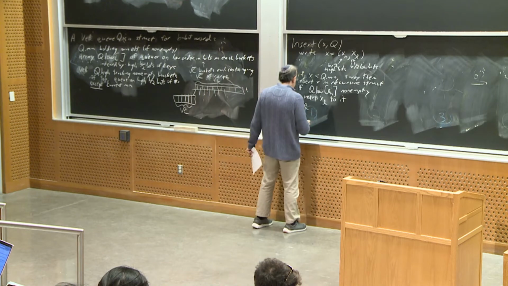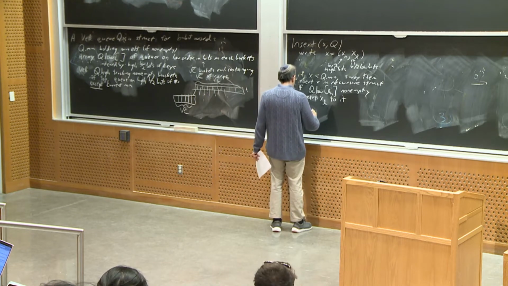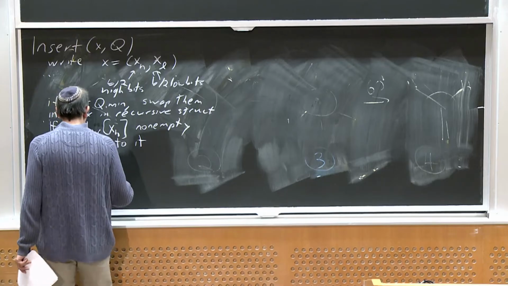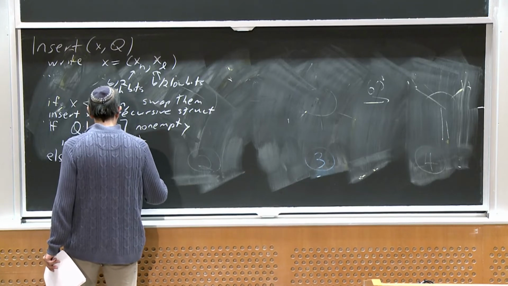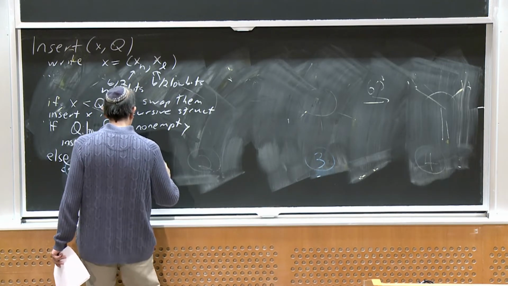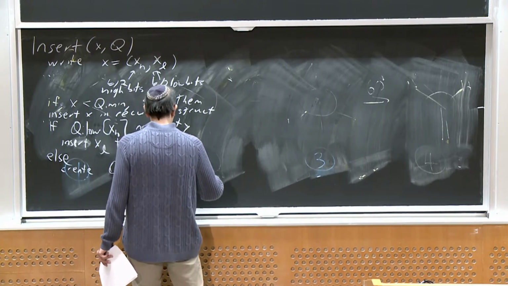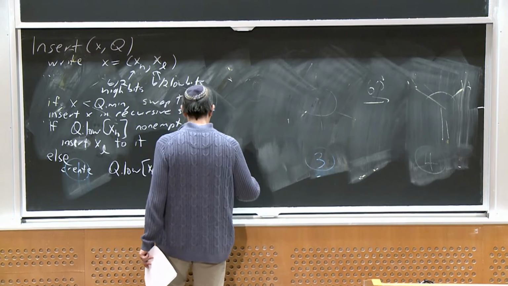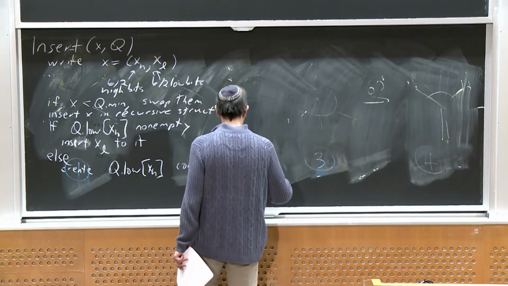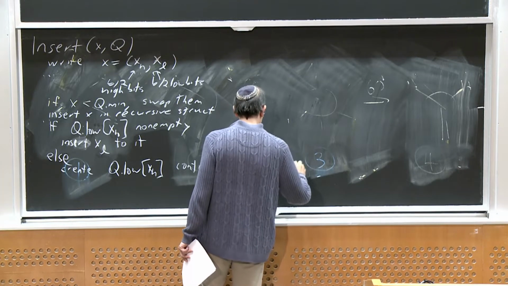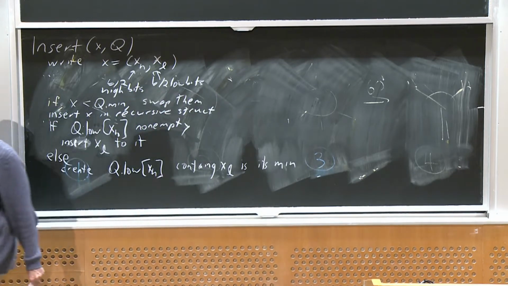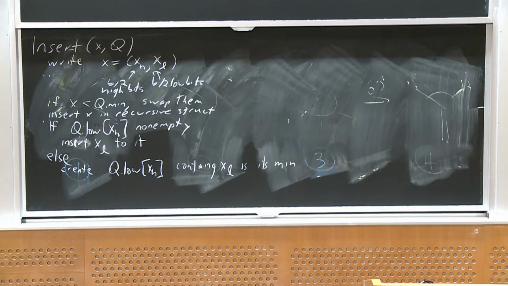And so actually, let me do that first, right? We're going to create q.low of xh containing xl as its min, right? There was nothing there before, so we need to make a queue to hold those low order bits.